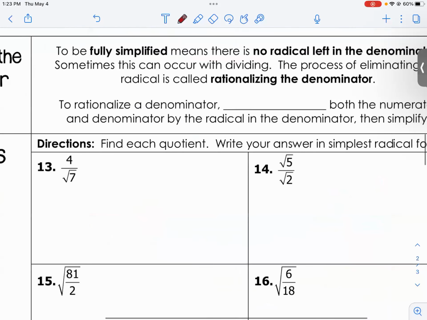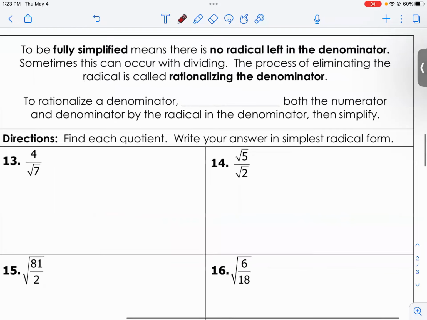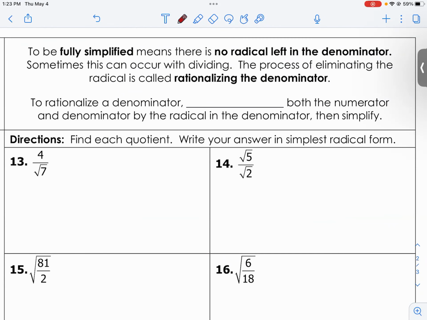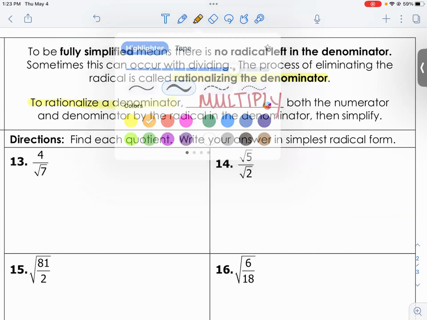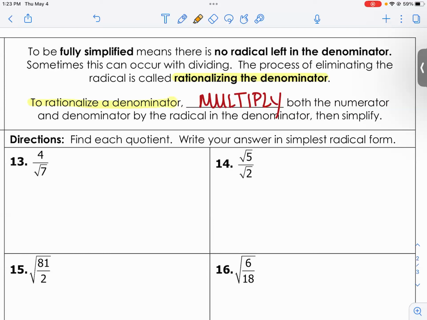So when we have a radical in our denominator, we need to do what's called rationalize the denominator. And when I ask you to rationalize the denominator, you are going to multiply both the numerator and the denominator by the radical that you no longer want in the denominator.